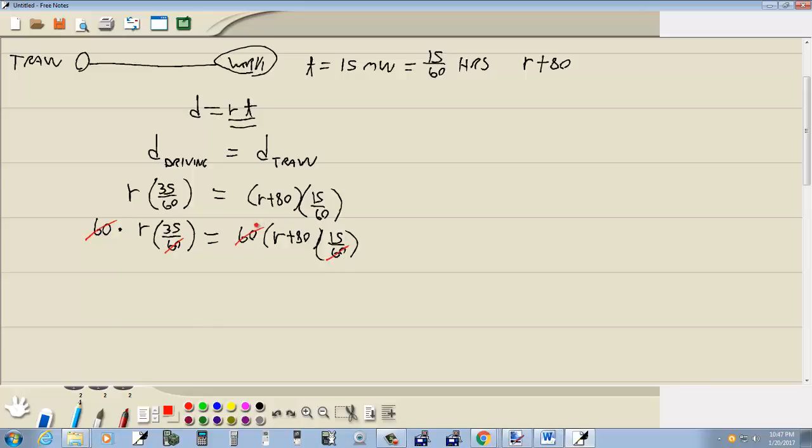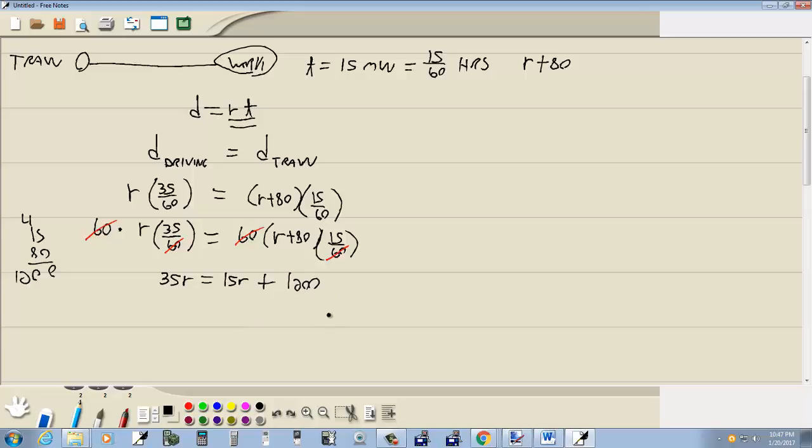The reason why it cancels across that is because multiplication is commutative. So then we got R times 35, which is 35R. We got 15 times R, distributive property. That's 15R, and 15 times 80. 4, 8, 1200. Double check that. 4, okay.